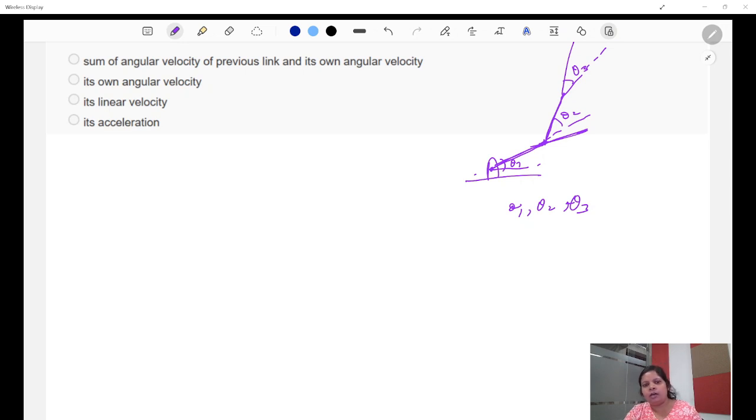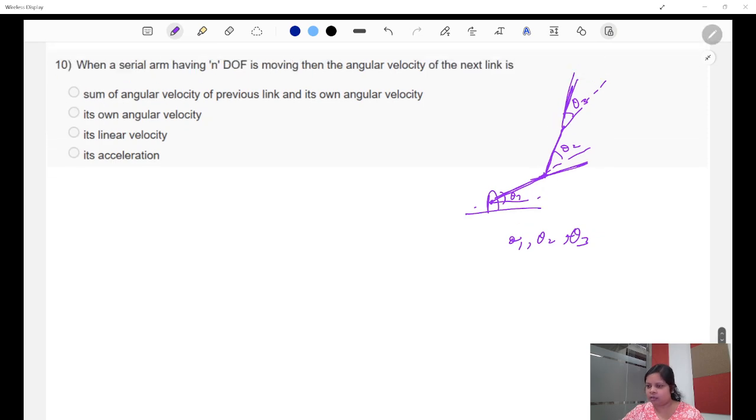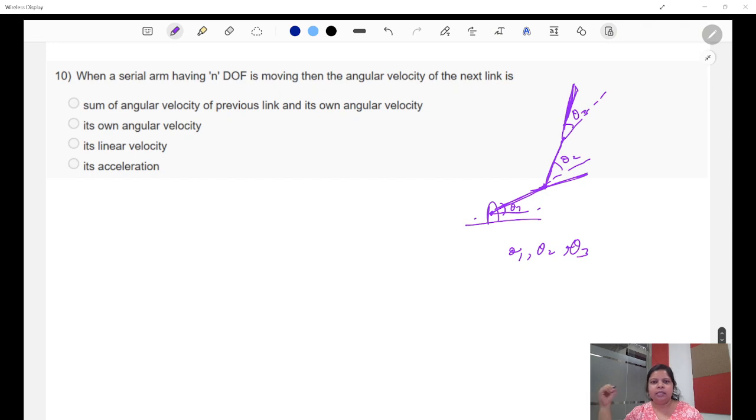So each link's motion, if I talk about this link, the topmost link, each link's motion depends on the previous link's motion, right? The angular velocity of the next link is the sum of what? One of the things is the angular velocity of the previous link. So angular velocity propagates from base to the end effector through each joint, right?